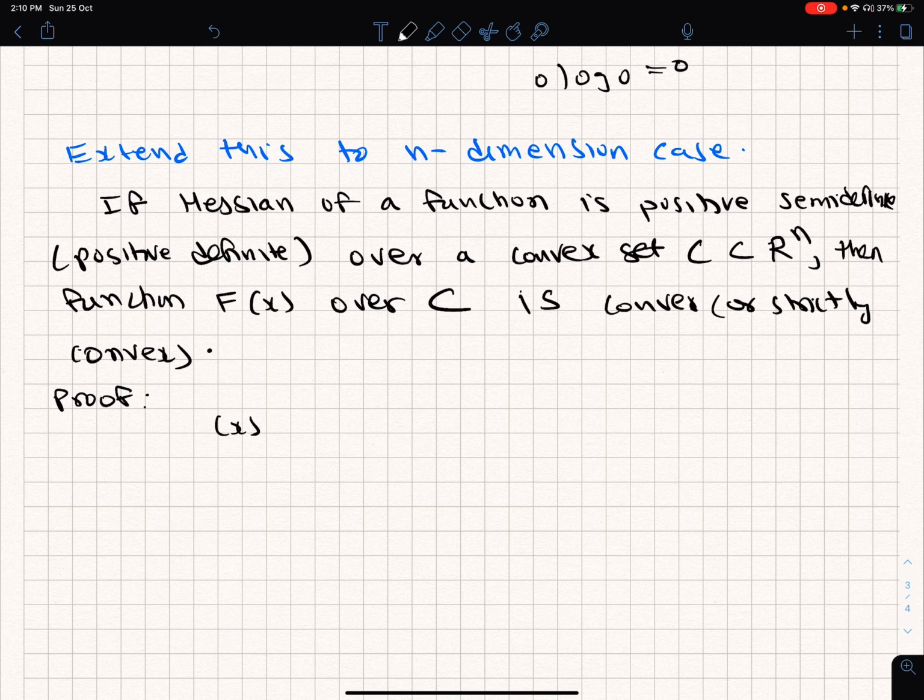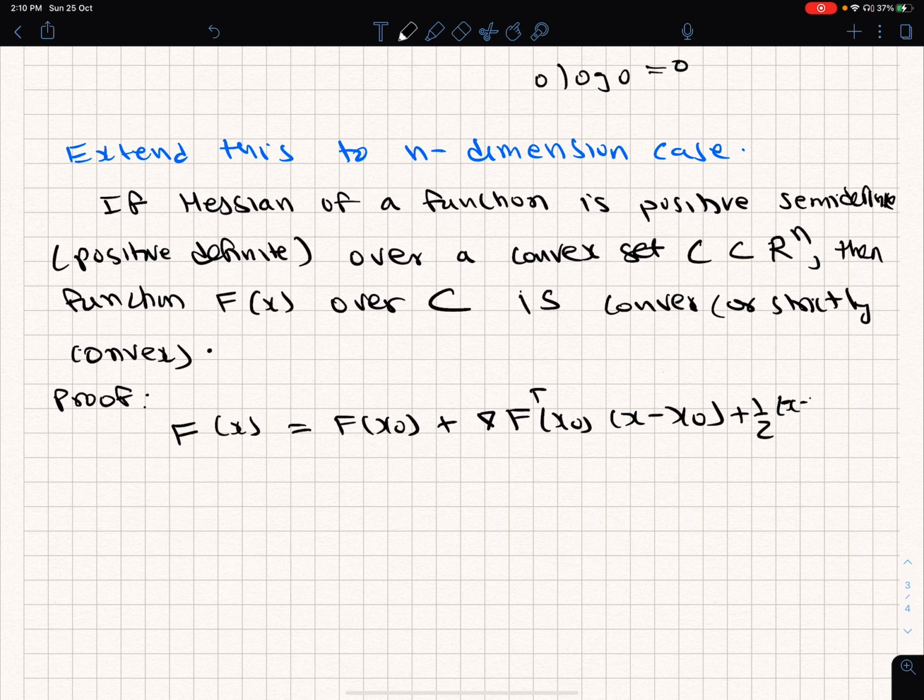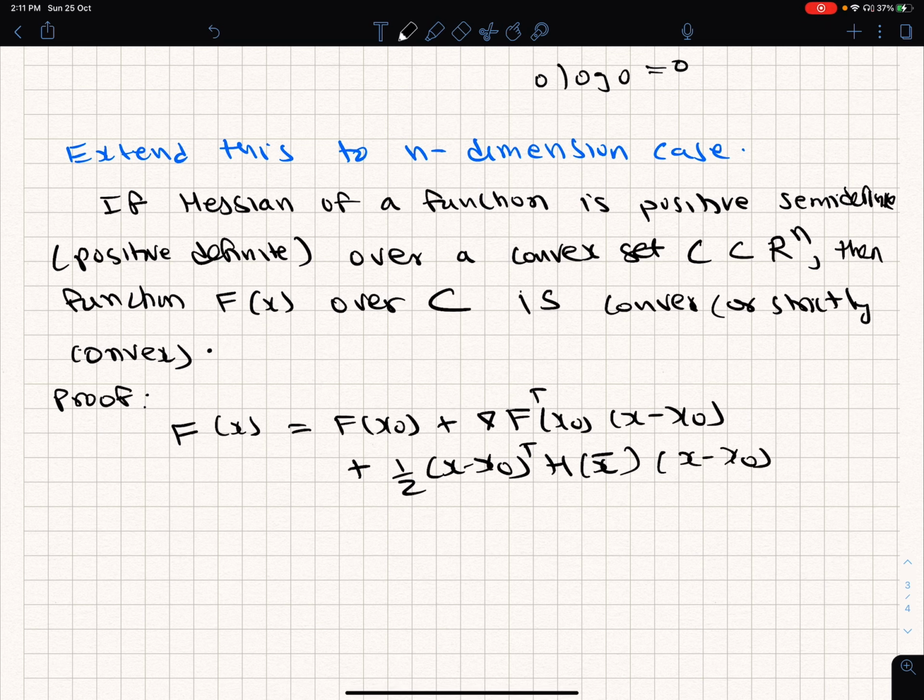What we are given here is that f(x) can be written as f(x0) plus gradient of f(x0) transpose (x minus x0) plus half of (x minus x0) transpose times the Hessian evaluated at some x bar times (x minus x0).